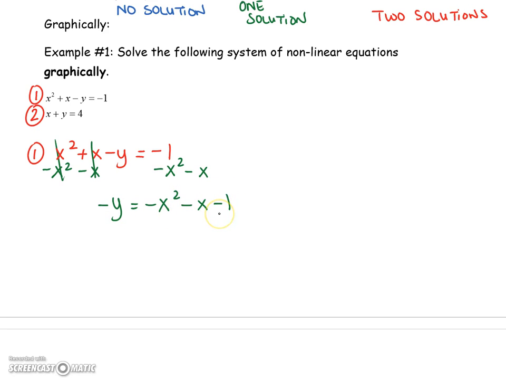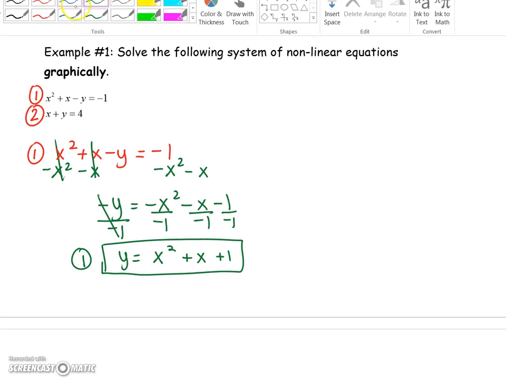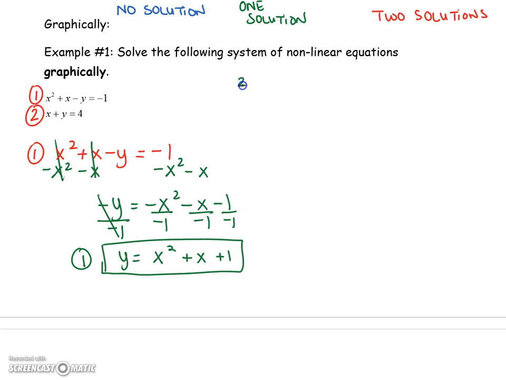I always tend to go in order of highest degree to the lowest. And then divided by negative 1 on each term, creating y equals x squared plus x plus 1. So here's our new and transformed first equation. So we're going to put that in there. And then our second one, let's go ahead and grab that one too and simplify that one.